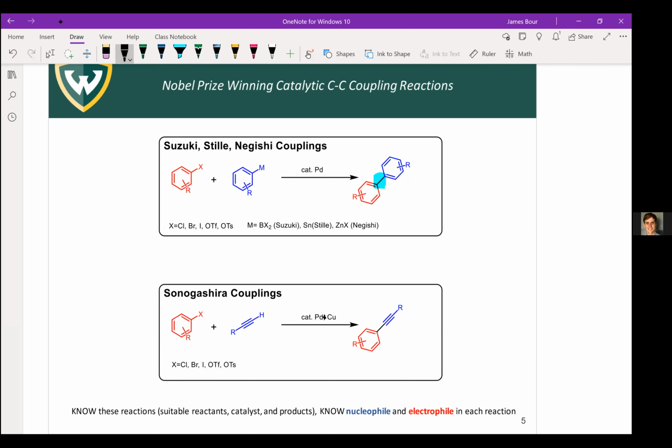And so Sonogashira reactions are the reactions between a terminal alkyne. What do I mean by terminal? It means it's at the end of a molecule, so it has a CH bond. Terminal alkynes and aryl electrophiles. So the alkyne ultimately becomes the nucleophile, and the palladium and copper work together to form the CC bond highlighted in blue. Again, this is an incredibly difficult transformation to think about for other reactions we've learned.